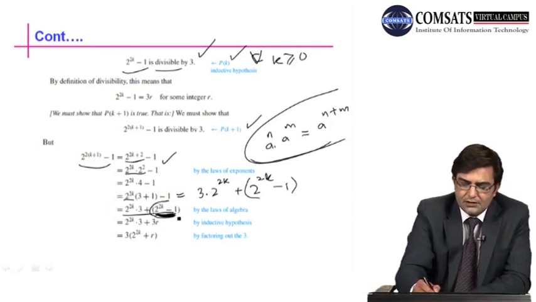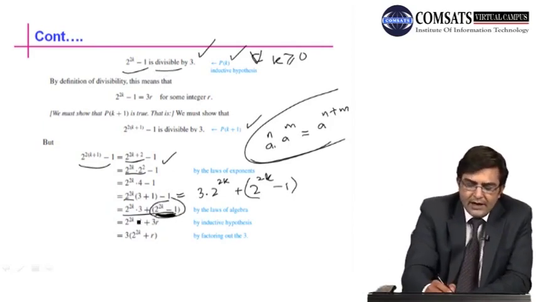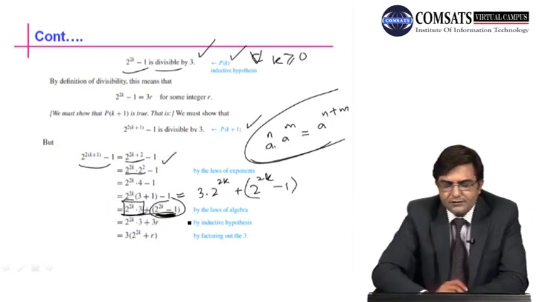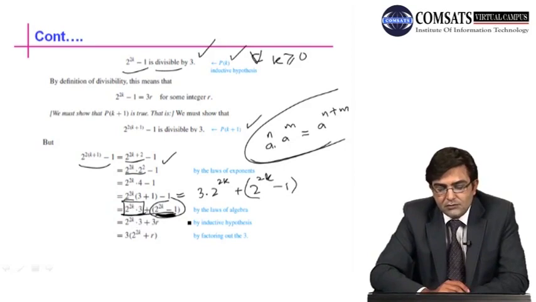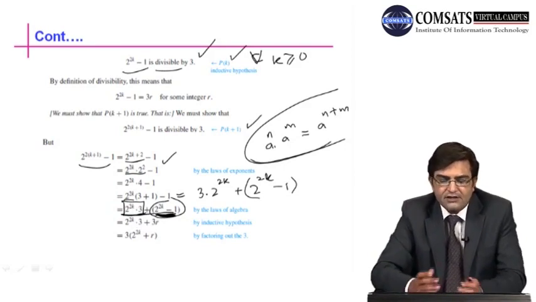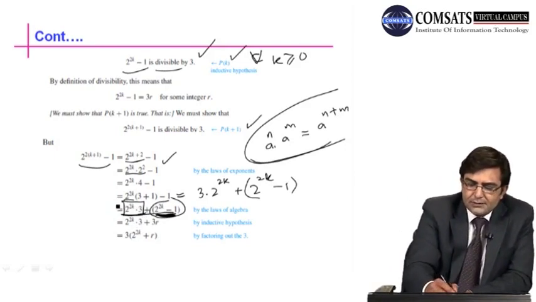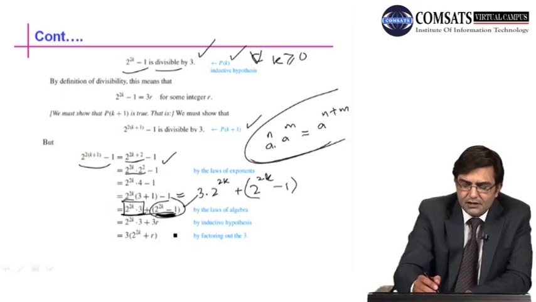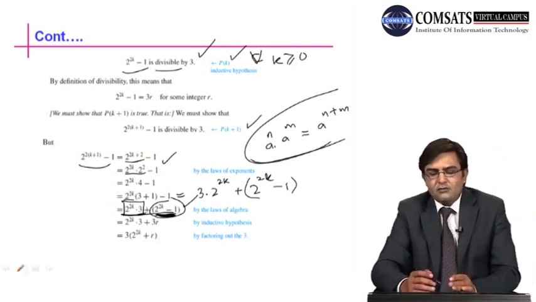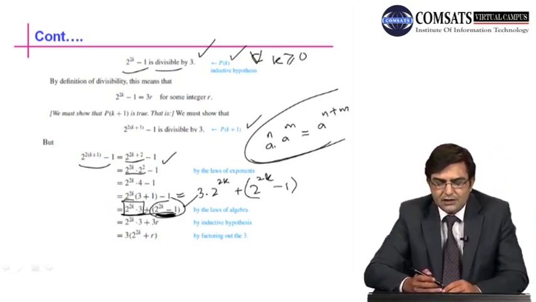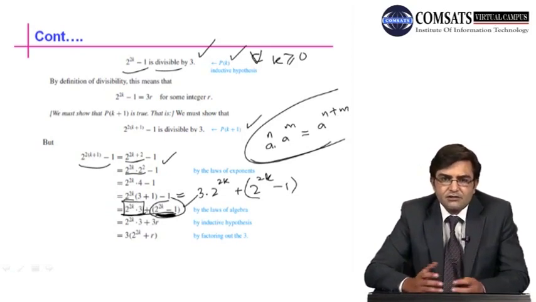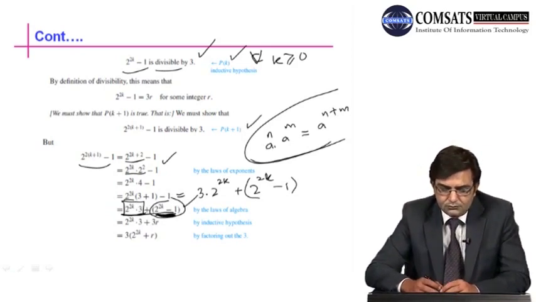So this expression is divisible by 3, and this expression is a multiple of 3. If it is a multiple of 3, then obviously it is divisible by 3. Therefore, if we have two expressions divisible by 3, then their sum is also divisible by 3.